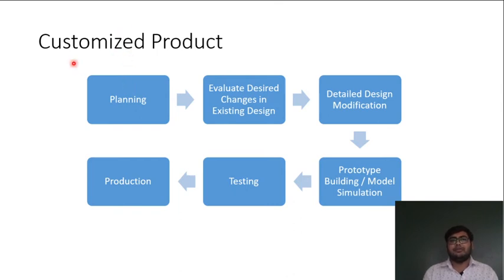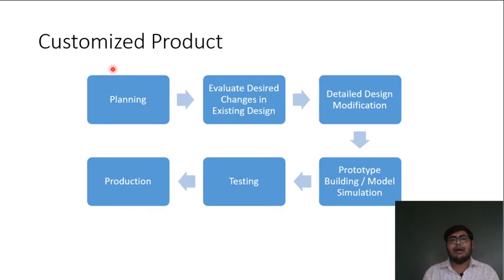So in customized products, what we are doing is, if a customer says that okay, I need this specification for a product, I need these specific changes in the product. For example, you want to make a customized bike, so you go to a bike manufacturer who produces customized bikes, and you say that okay, I need this type of bike.